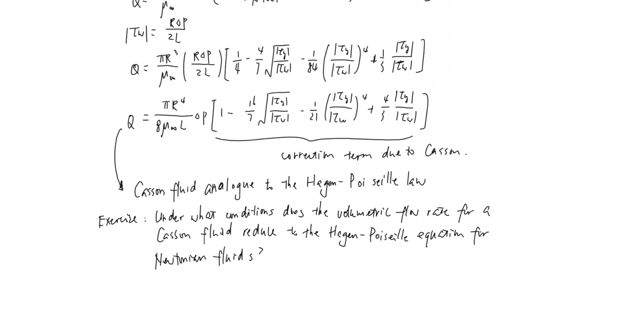For this exercise, what you need to do is just write down the physical conditions of the fluid that make it reduce to a Newtonian fluid. Just write two words. Okay, that's it.